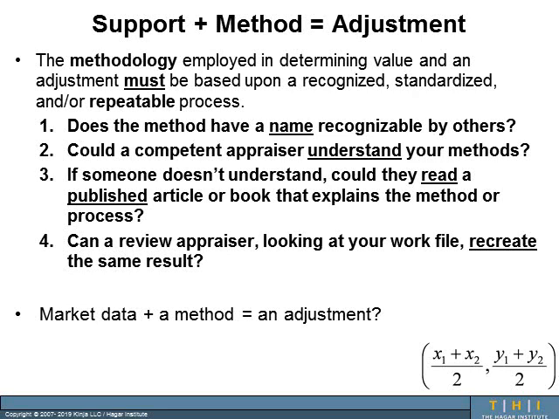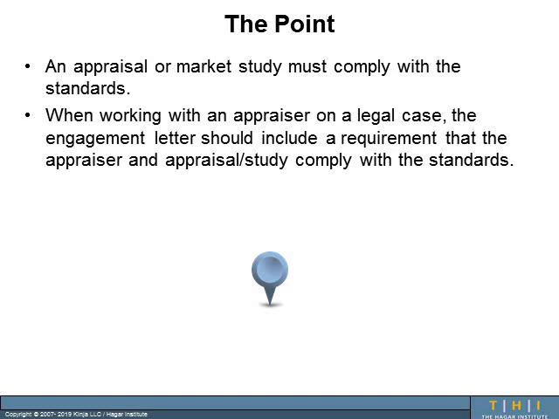And more importantly, can a review appraiser, somebody working for the state or for the other side looking at the file, recreate the same result? So they must follow a standardized, repeatable process to come to their conclusions. You cannot just guess. So the point here is an appraisal or market study must comply with the standards, and not just a few of them.